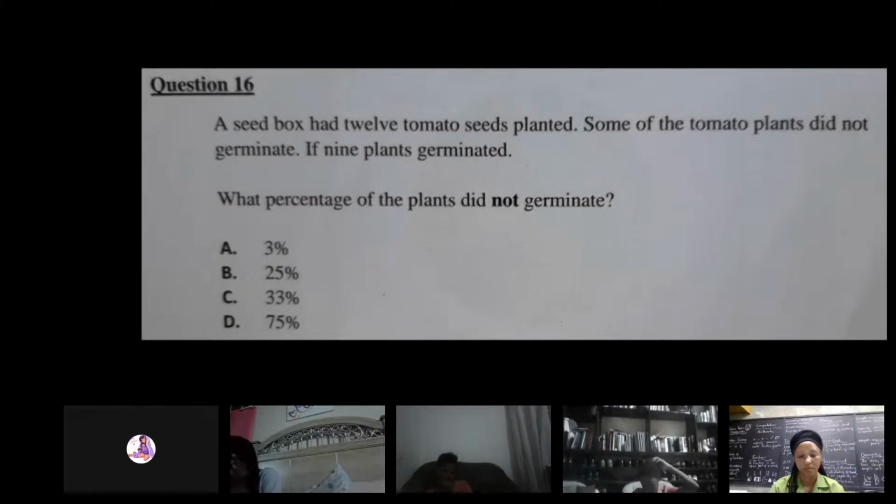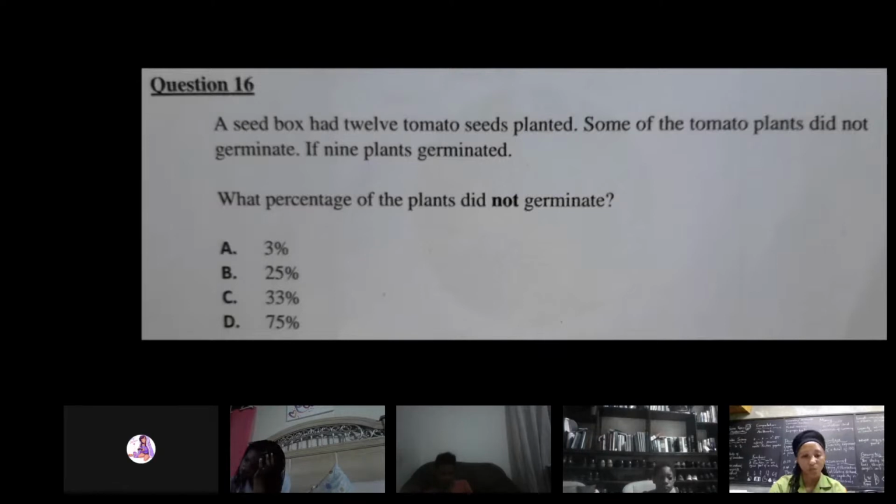And then 3 times 100 is 300 over 4. So 4 into 100 is 25. So 3 times 25 is 75 over 1, and 100% minus 75% gives you 25%.